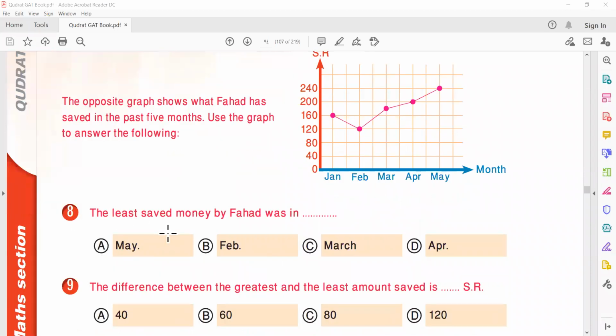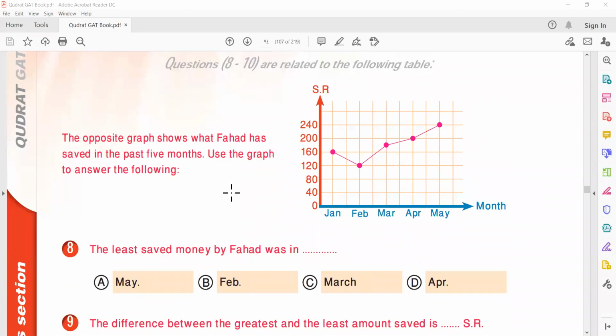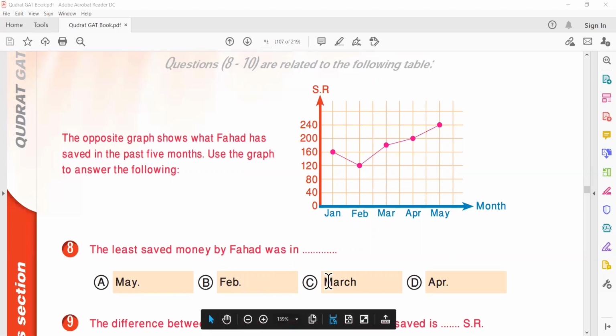Now we will take question number 8. The opposite graph shows what Fahad has saved in the past 5 months. Use the graph to answer the following. The least saved money by Fahad was, what is the answer?